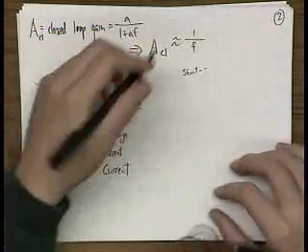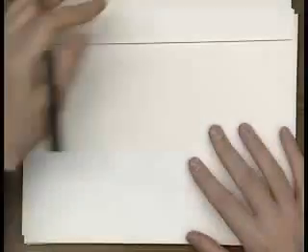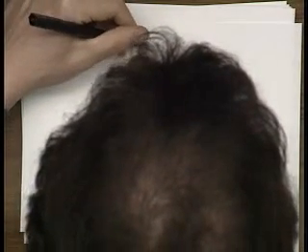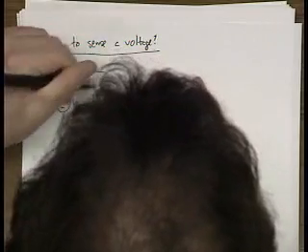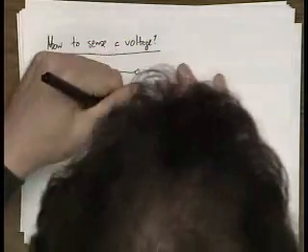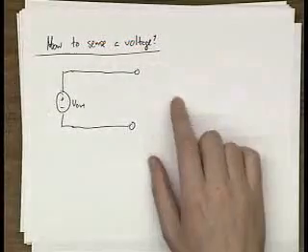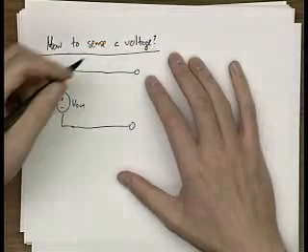So in a little network, how do we sense a voltage? If we have some V out going to the output, we also need to sense this value. And how do we do it?